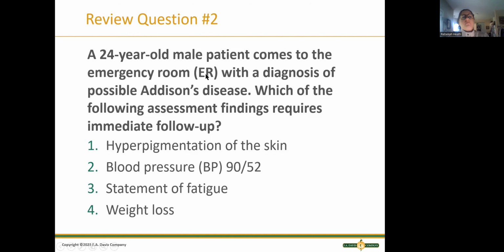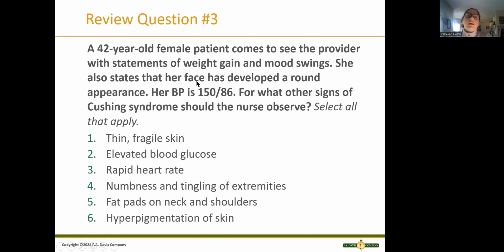Good job, guys. All right, number 3: a 42-year-old female patient comes to see the provider with statements of weight gain and mood swings. She also states her face has developed a round appearance. Her blood pressure is 150 over 86. What other signs of Cushing syndrome should the nurse observe?